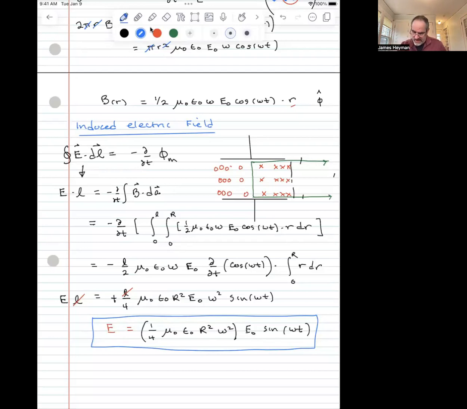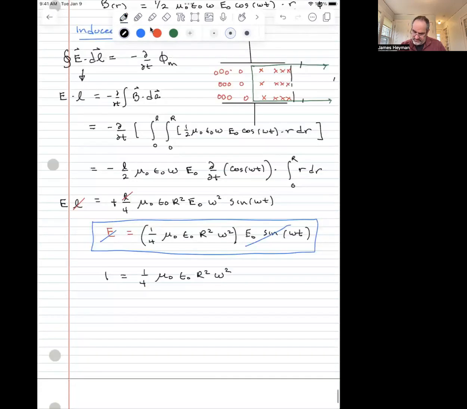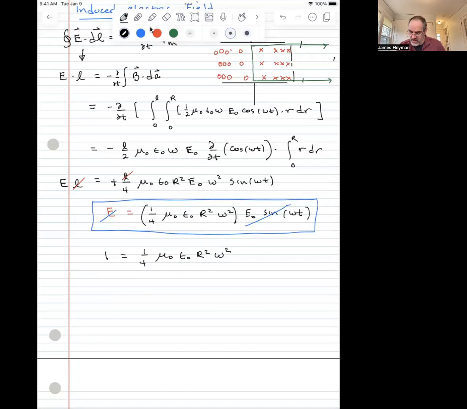So in order for that to happen, the induced electric field must equal the actual, or initial, electric field. That is, E should cancel with E naught sine of omega t. So that we have 1 equals 1 over 4 mu naught epsilon naught r squared omega squared. Actually, this is a condition on the frequency of the oscillator.